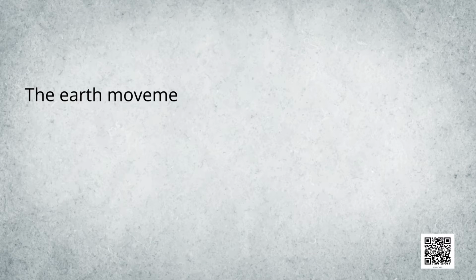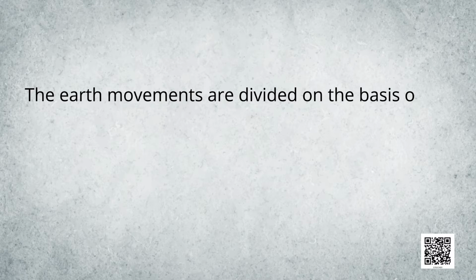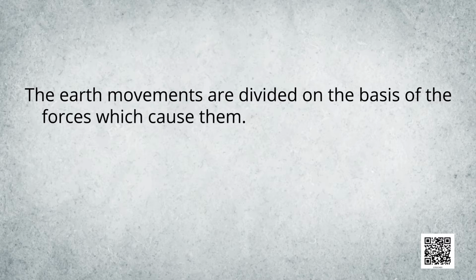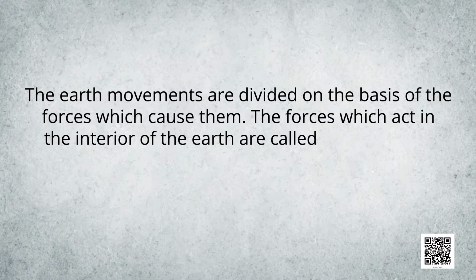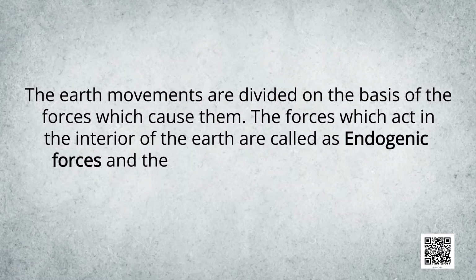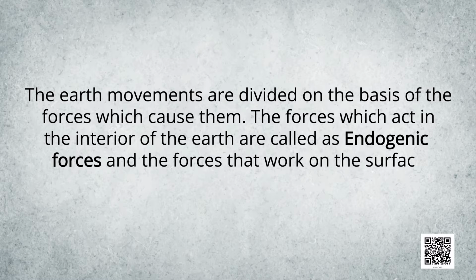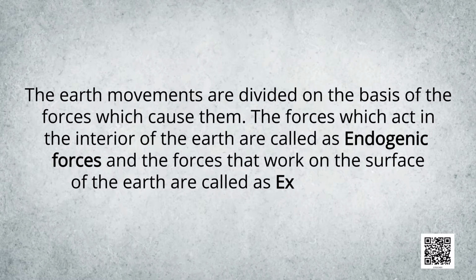The Earth movements are divided on the basis of the forces which cause them. The forces which act in the interior of the Earth are called endogenic forces, and the forces that work on the surface of the Earth are called exogenic forces.